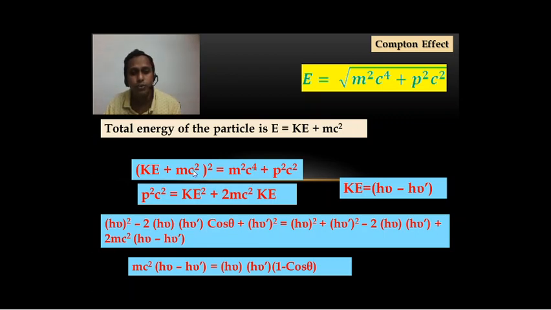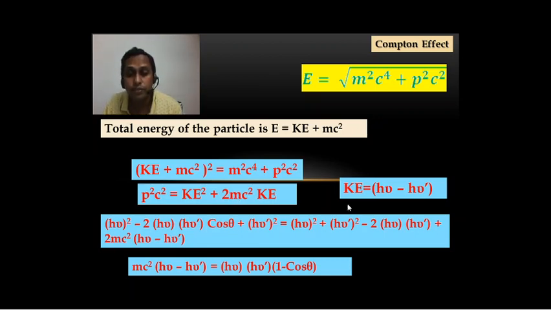Now if we expand this, it is (a + b)²: kinetic energy squared plus 2 times kinetic energy into mc² plus m²c⁴. The m²c⁴ on both sides gets cancelled. So p²c² is equal to kinetic energy squared plus 2mc² times kinetic energy.